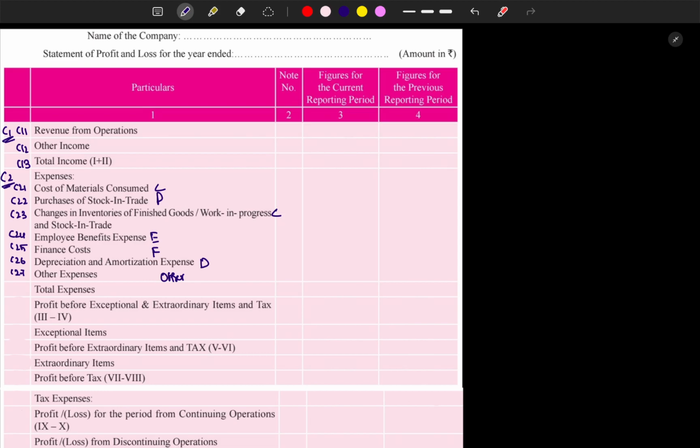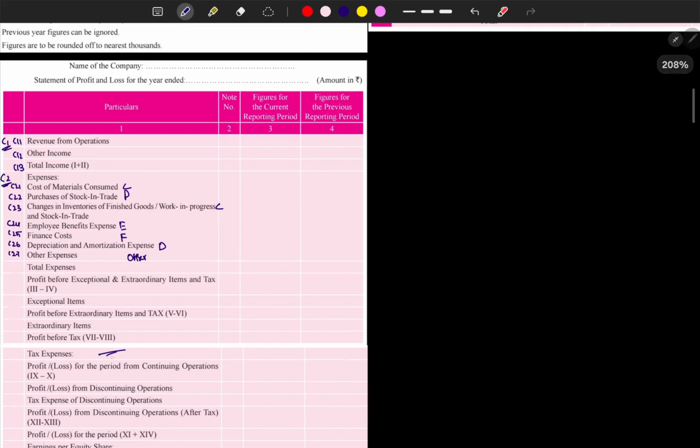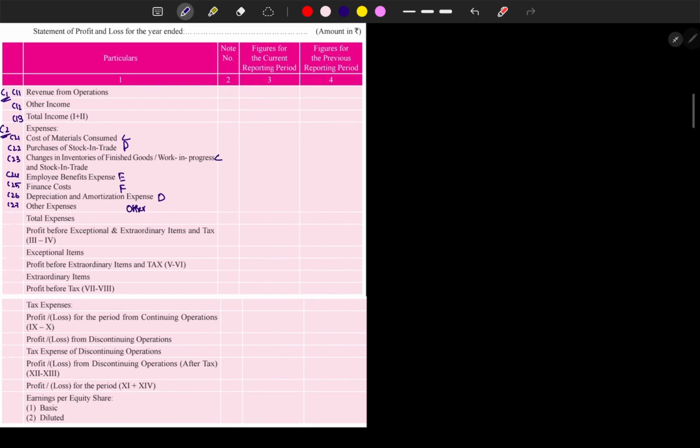The profit before exceptional and extraordinary items and tax is the difference of total income and total expenses, right? If there is any tax expense, we enter it here, and we find out the profit and loss for the period from continuing operations, and EPS, which is basic and diluted.